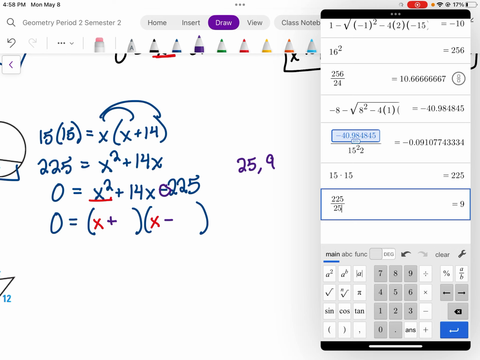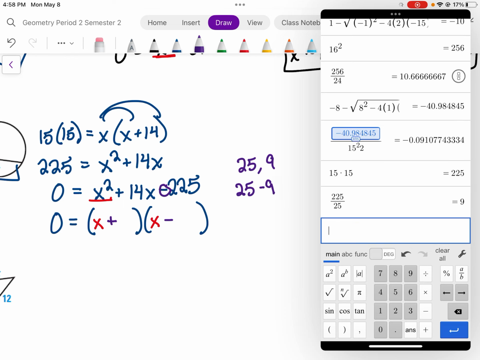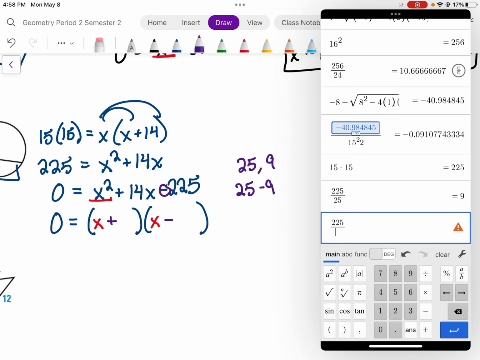And these two, if we were to subtract the 9, it's going to be 16. So not quite those two. Let's try 225.